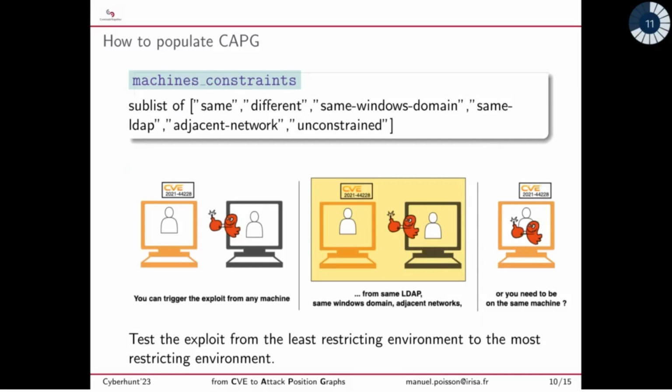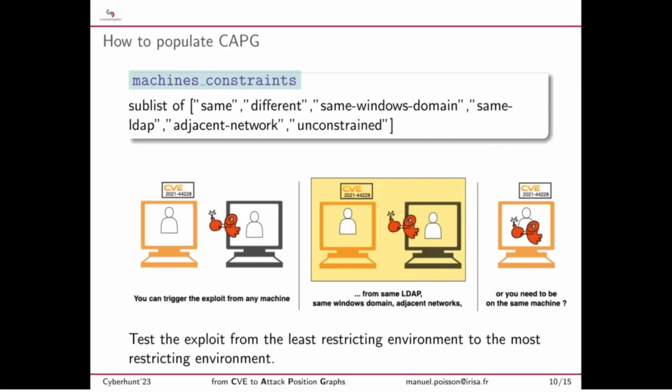And finally, the most restrictive case is when remote exploitation is not possible, and the source and destination machines must be the same. So you can only exploit the CVE if you already have access to the vulnerable machine.